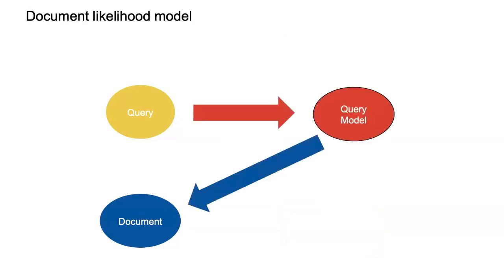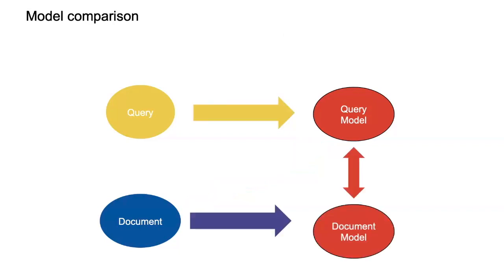There are other people who do it the other way around. They take the query, generate a model for the query, and compute the probability that you would take a document. You would know how to do it. It's exactly what we did the other way around. I'm not going through it. And then there are people who do it differently. They generate a model for the query. They also generate models from all documents, and then they compute the distance between the models.